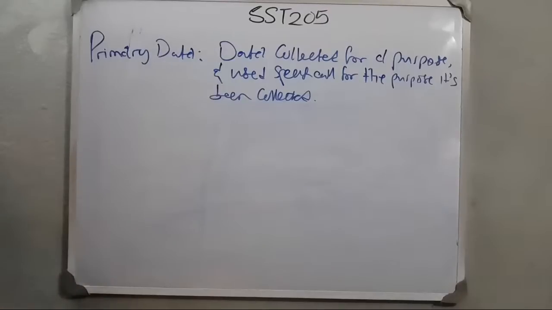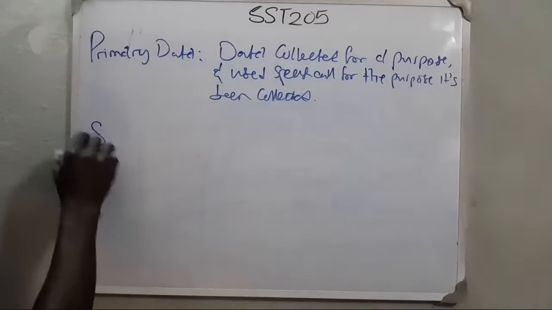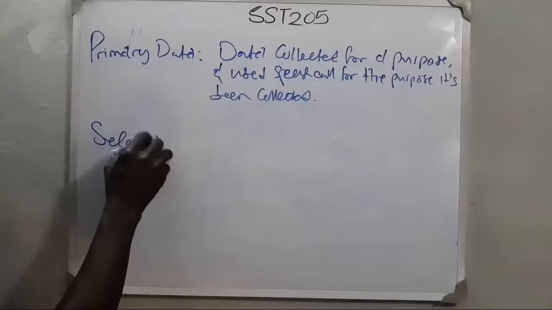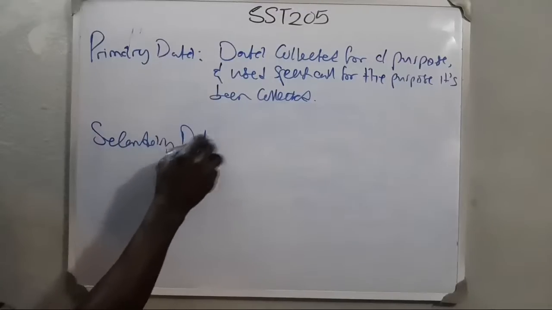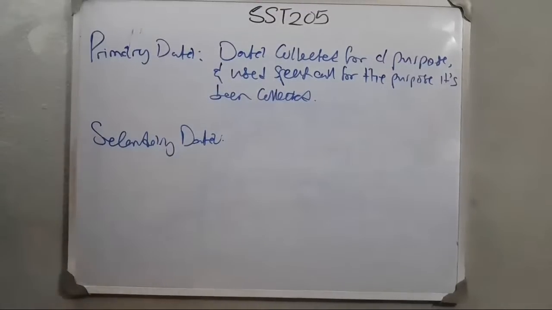So we have secondary data. Here we say, now this is the data that is used by a person or people other than the person or people by whom or for whom the data was collected.